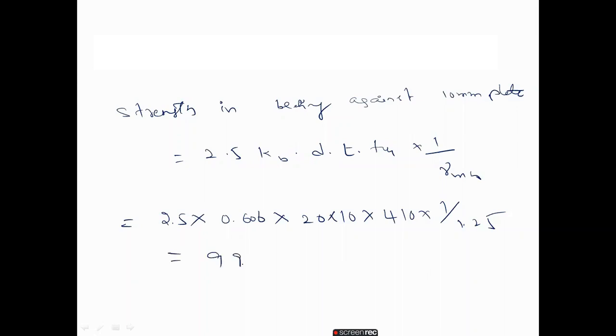Calculating, we get 99,384 newtons. From these two cases, we take the lesser value, so the bolt value is 90,400 newtons. We calculated both double shear and bearing, and took the least value.